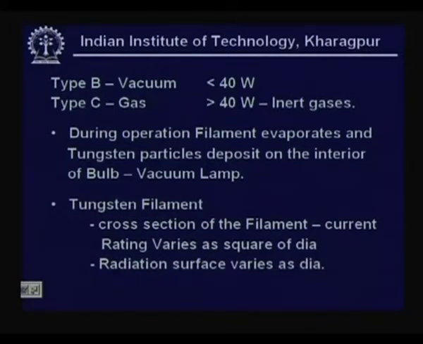Now, remember that the cross section of the tungsten filament required depends on the current, and it varies as the square of the diameter. Radiation surface again varies as the diameter varies. These are some of the issues we have to keep in mind, because this is what we look at based on the operating voltage.